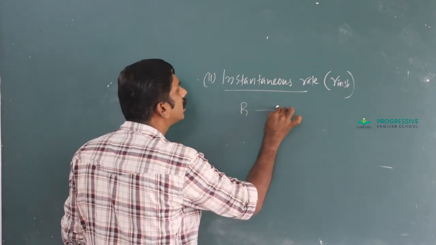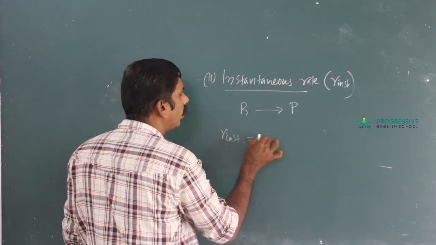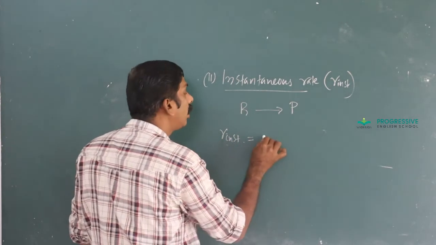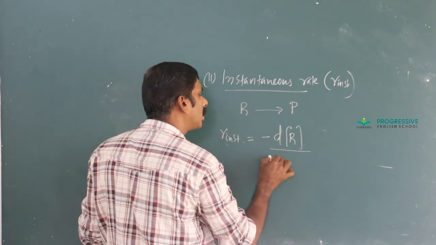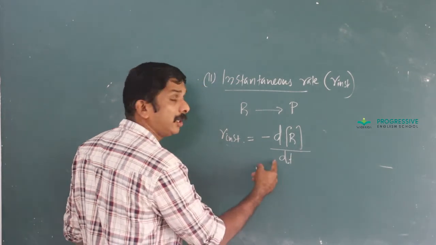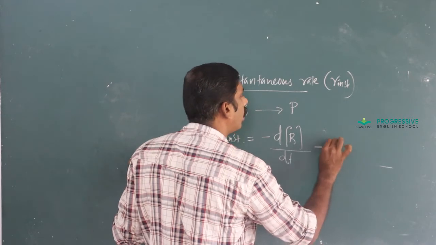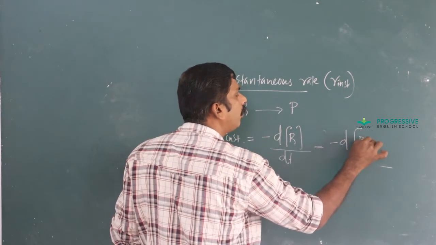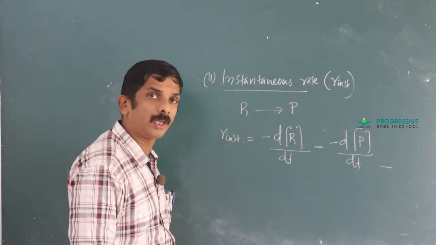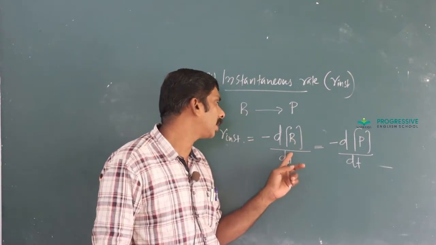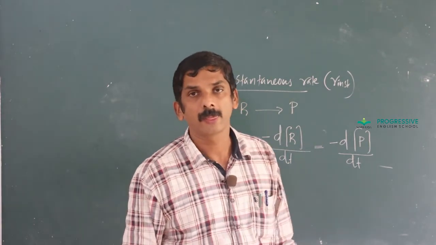For the above reaction, R gives P, the instantaneous rate equals, instead of delta, if we take d: minus d[R] divided by dt equals d[P] divided by dt. That is, the concentration of reactant decreases, the concentration of product increases.